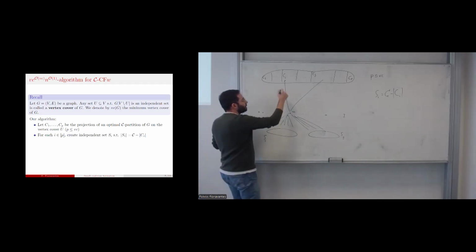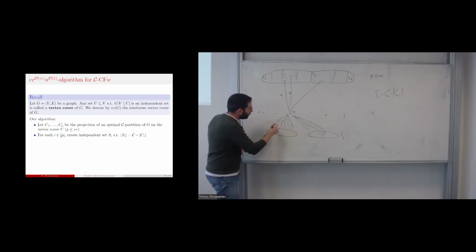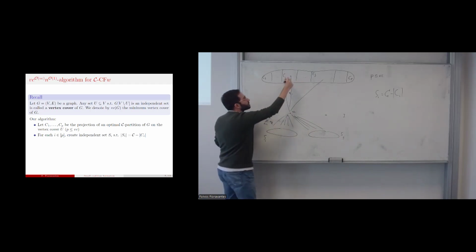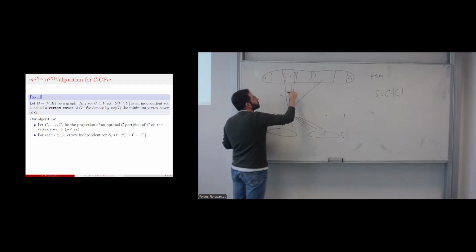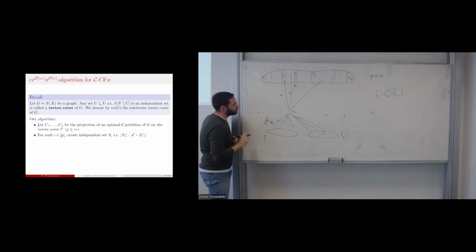Let's say that U goes to some vertices here, and there is weight 1, weight 2, and so on. Here I will put the sum of those weights. Okay? Is this clear?